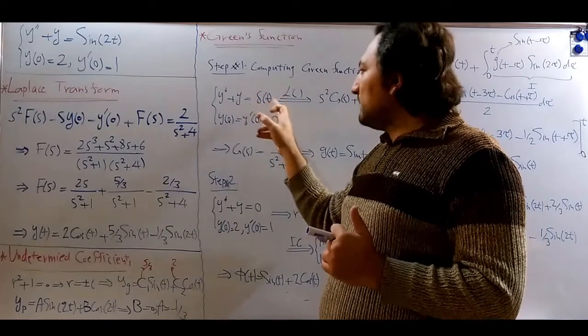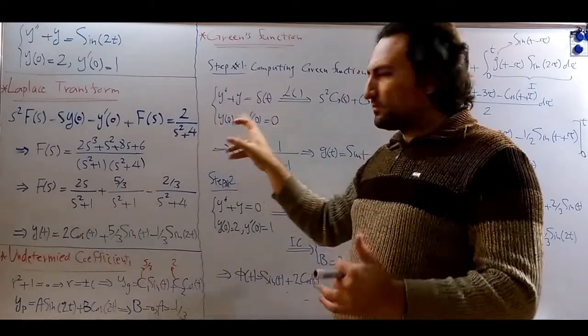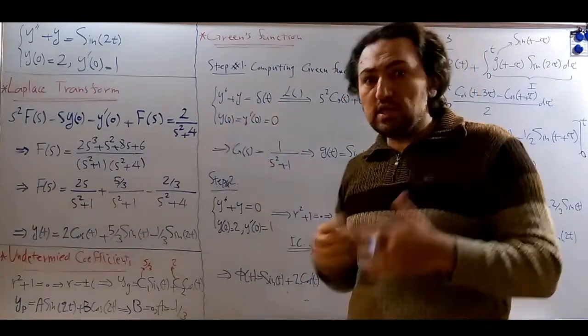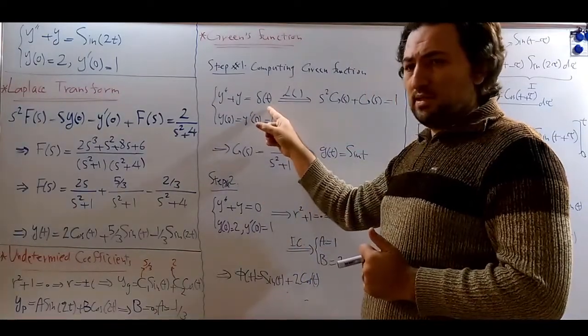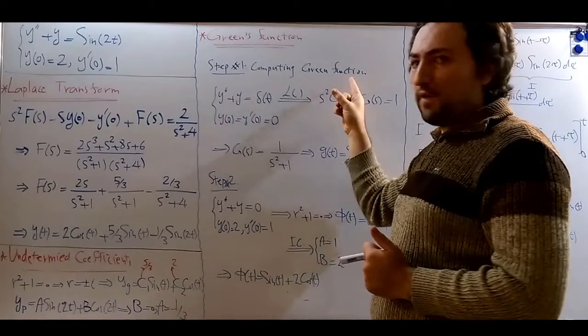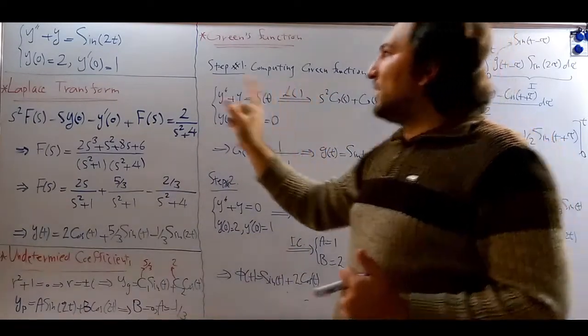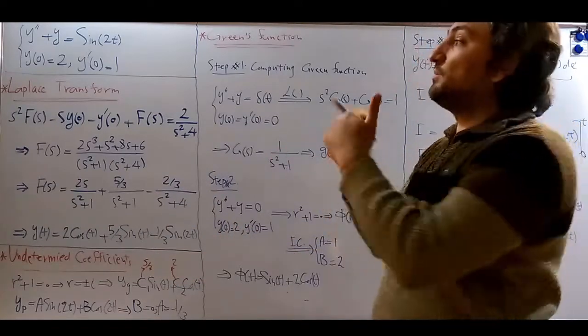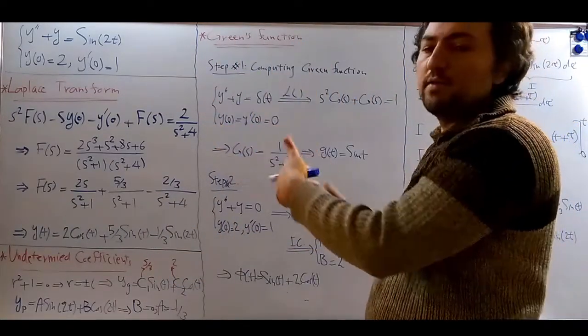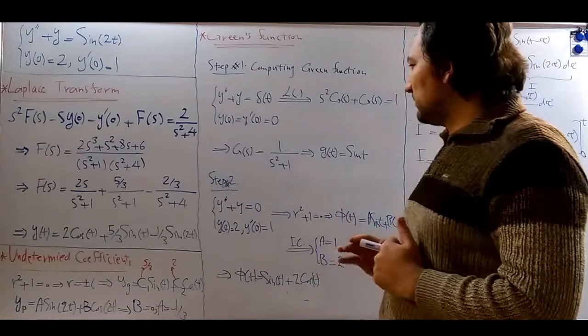So I have a non-homogeneous equation with homogeneous boundary conditions. It's obvious that the solution of this equation, which is called the Green's function, is independent of the function on the right-hand side, and is just dependent on the linear operator of the left-hand side of the equation.